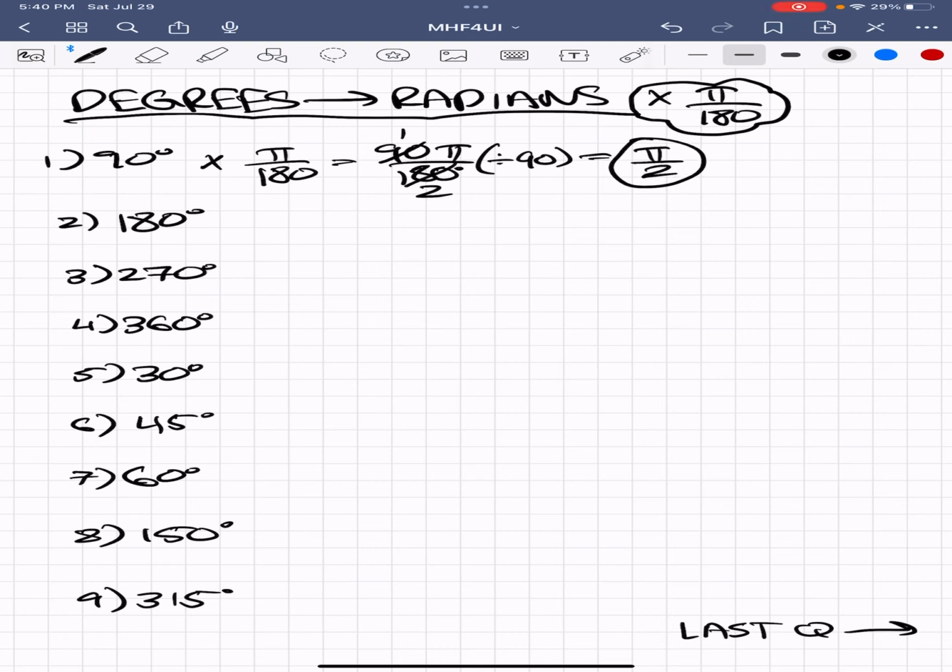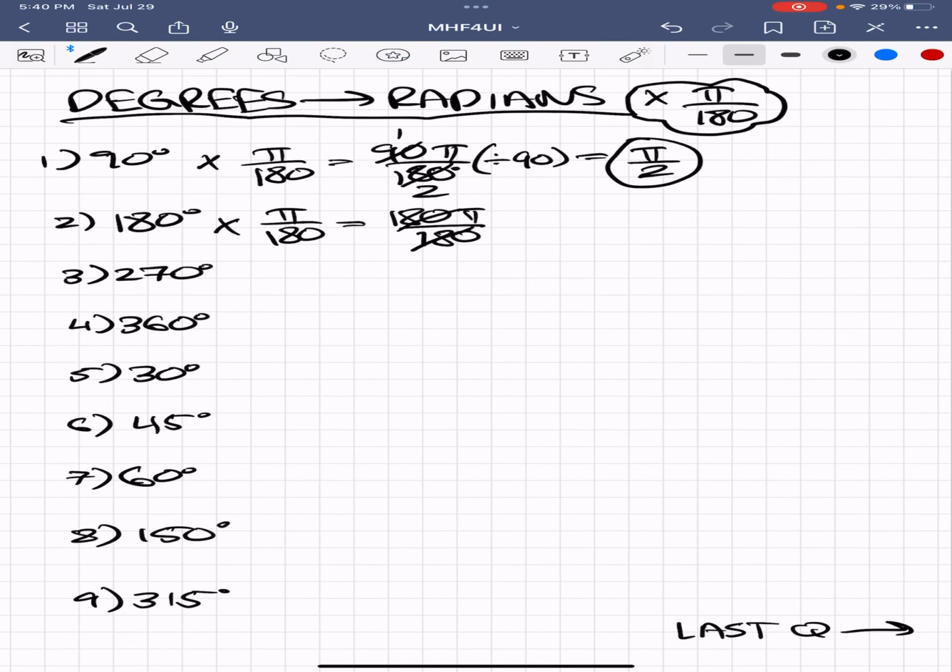I multiplied by the conversion factor. I factored out a 90, and we're left with pi over 2. Times pi over 180. So I multiplied by the conversion factor, and then I factored out a 180, and I'm left with just pi.